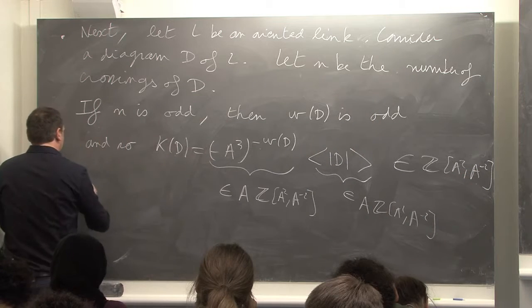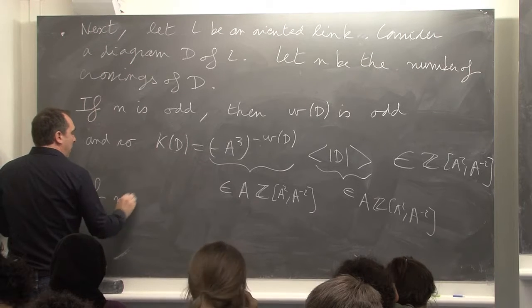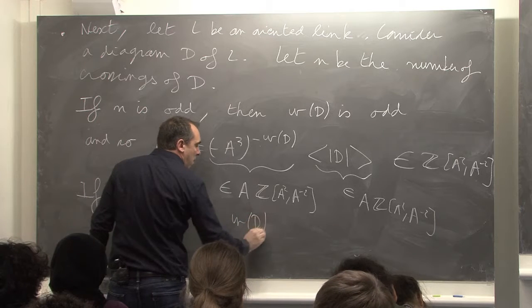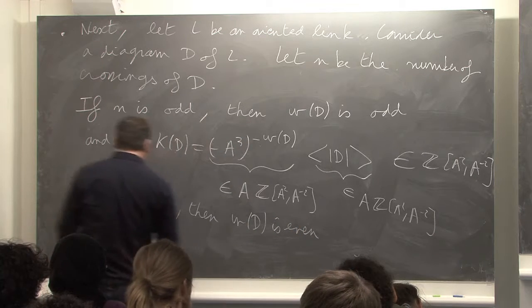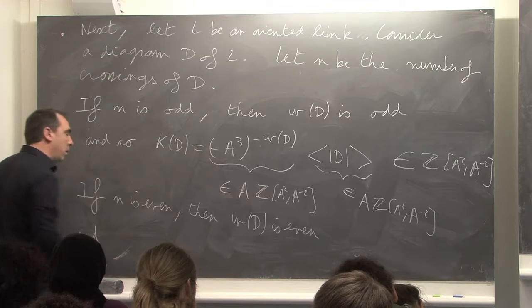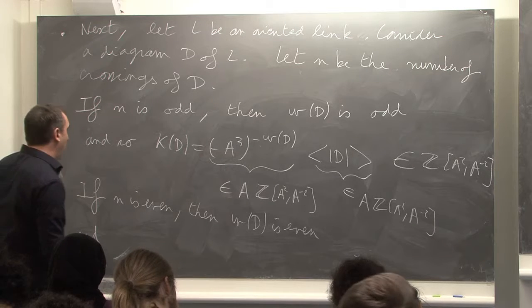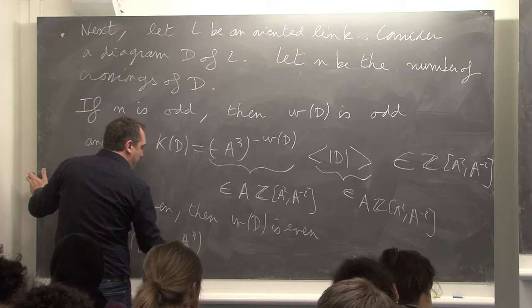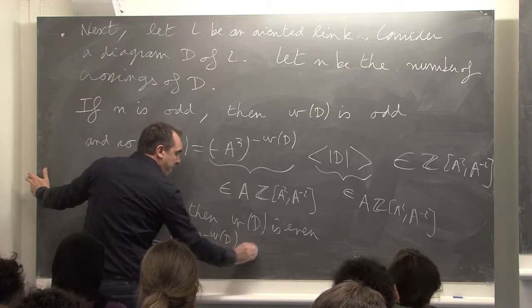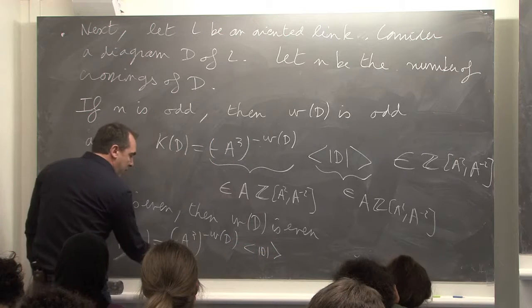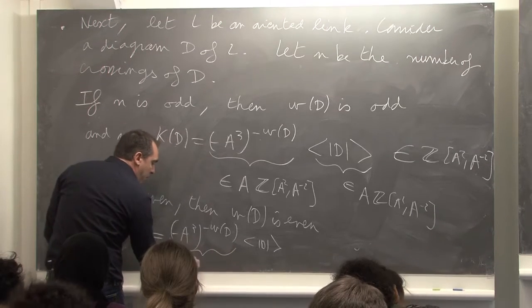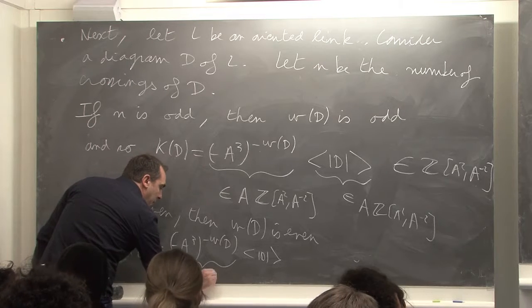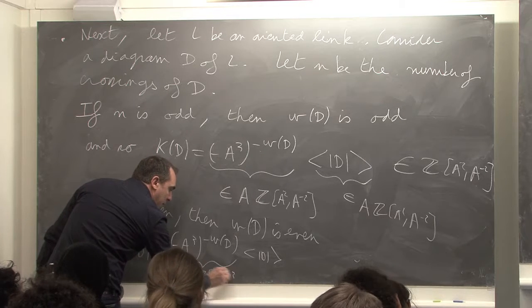And if n is even, then the writhe number is even. So since the writhe of D is even, this is in Z of A square, A minus 2.